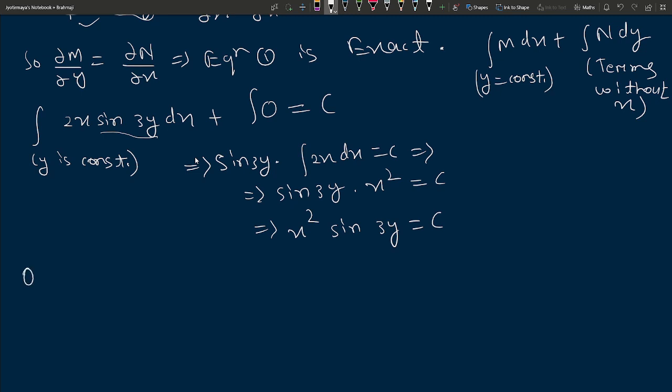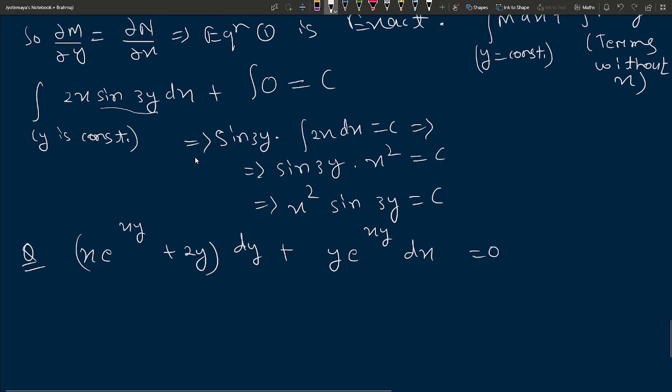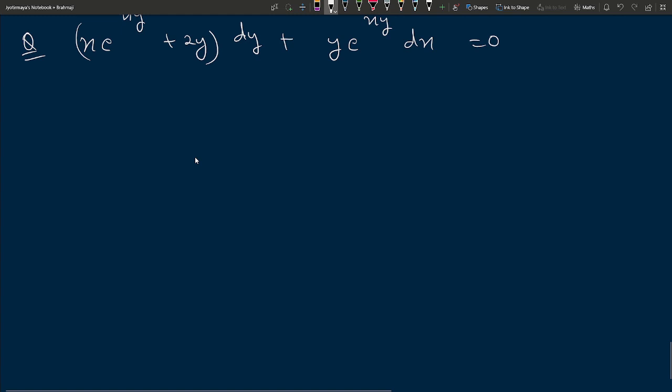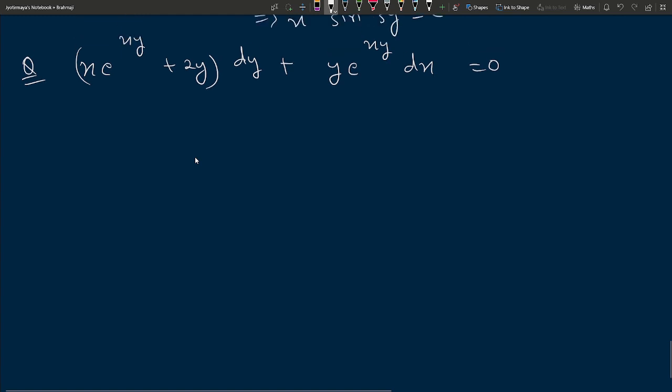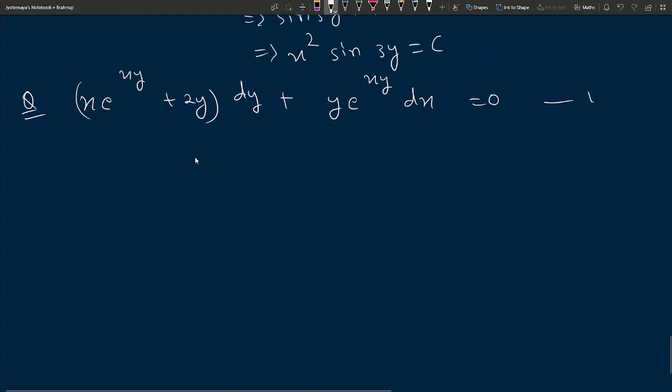Similarly, there is another question. Write x into e to the power xy plus 2y into dy plus y into e to the power xy dx equal to 0. Now first call it equation 1. Now here, what is m? Careful, m is what?